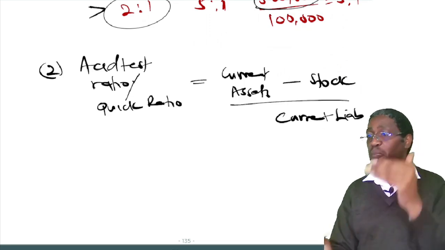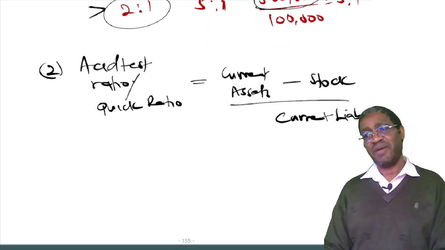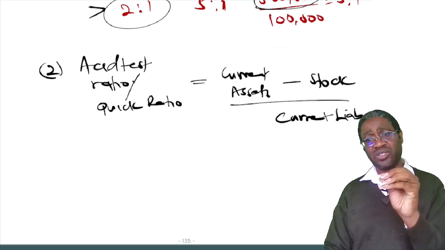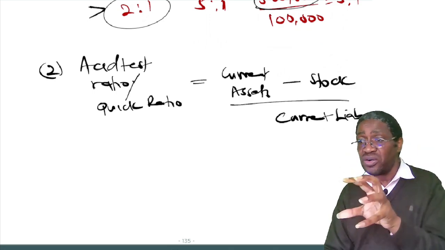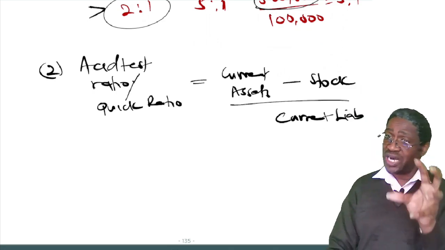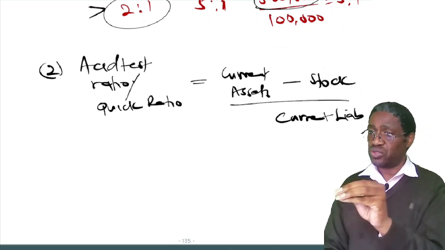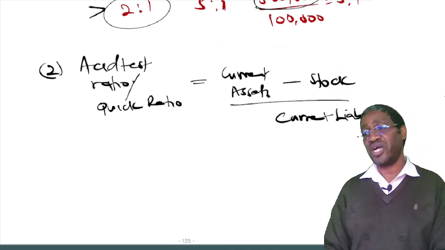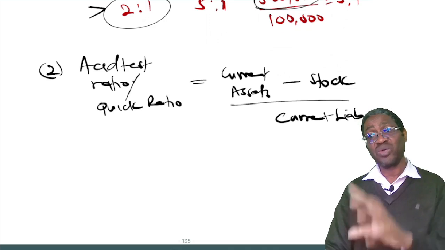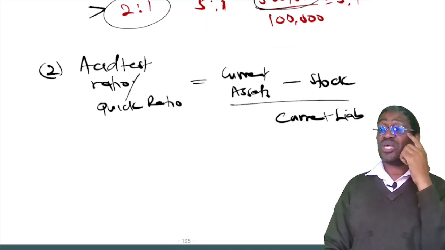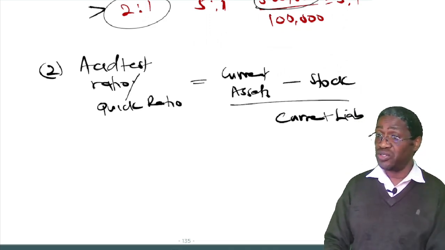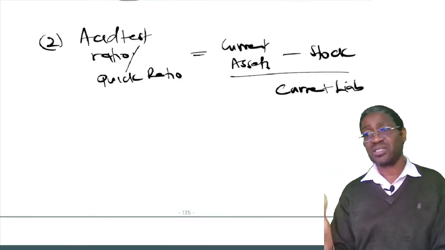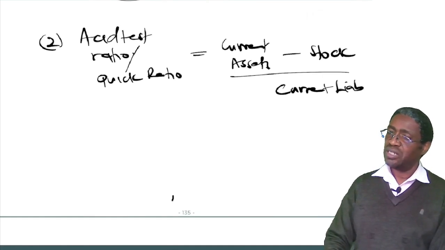Then you compare them with the current liabilities. So we say that is an acid test ratio, or a quick ratio. Some stocks may take a long period of time before they are sold, so to get a clearer picture, you minus stocks, get the more liquid assets, then divide that by current liabilities.